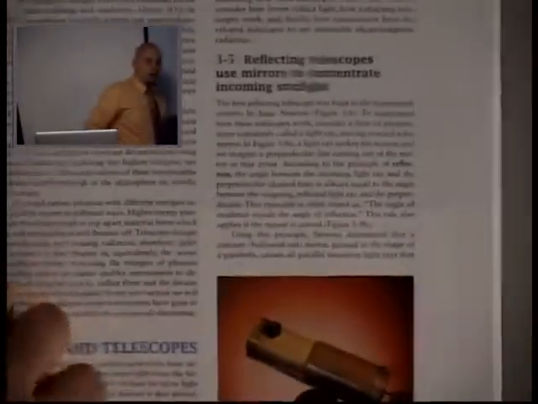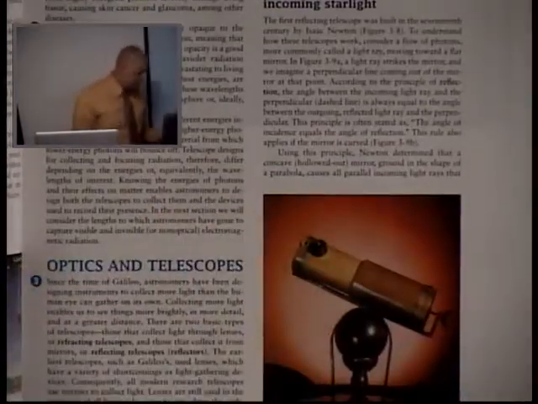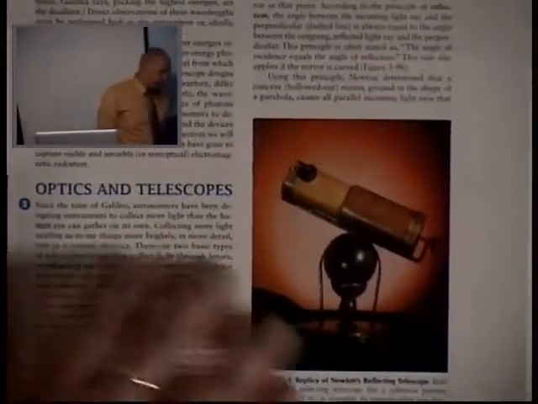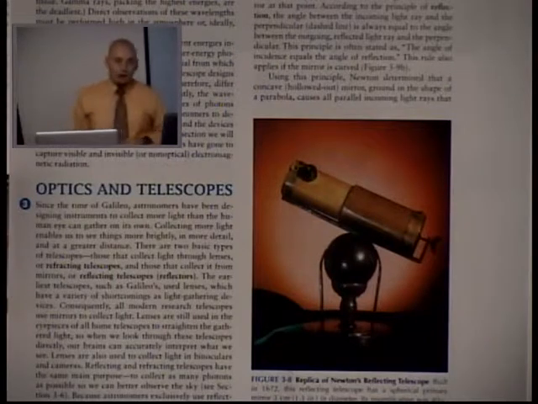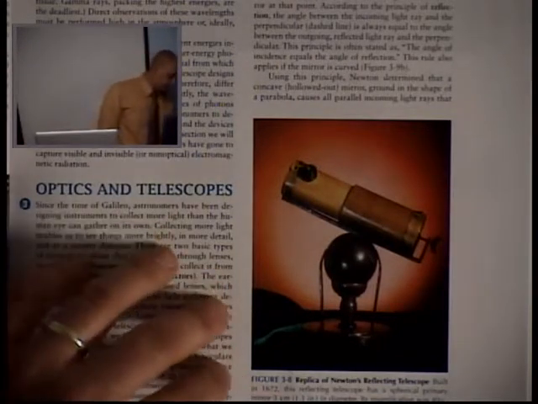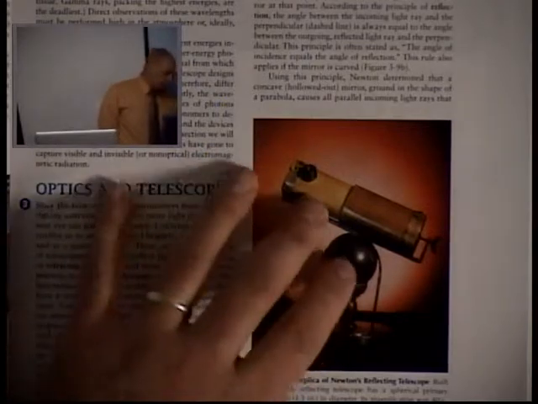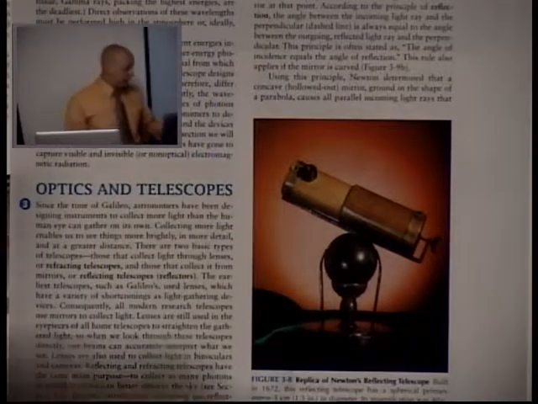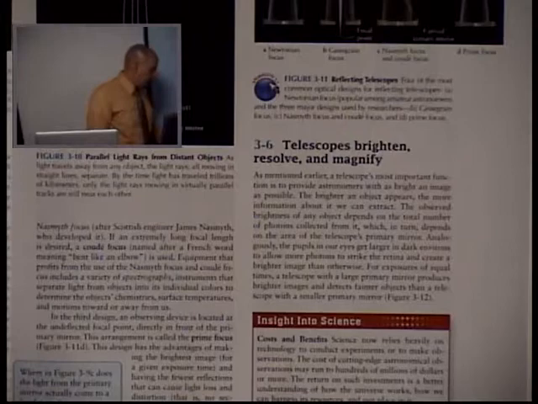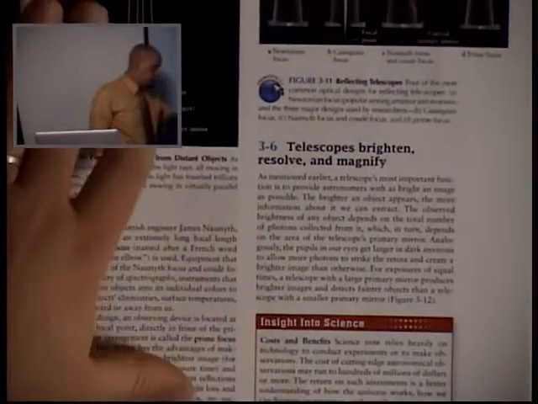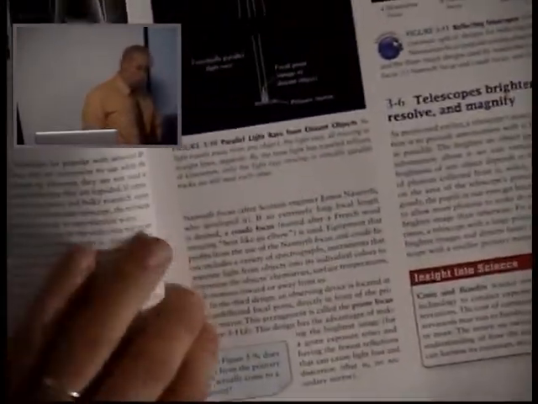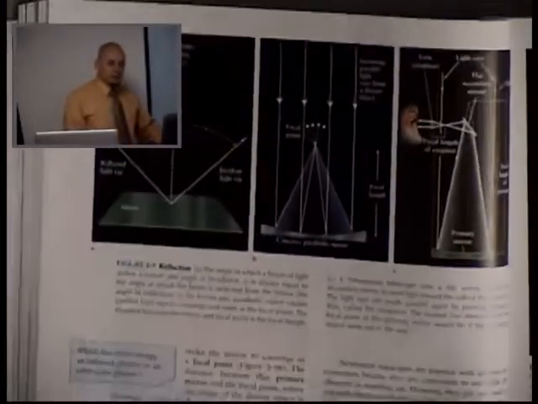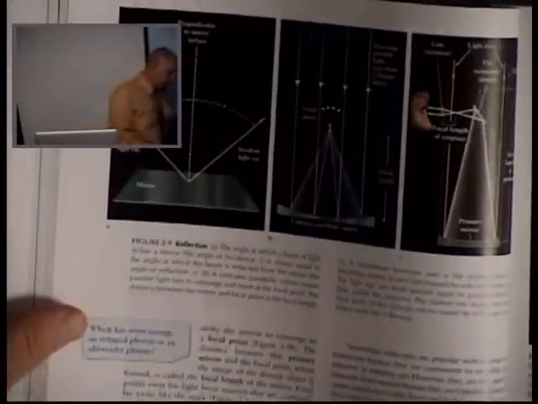Now, moving on to the section on telescopes. They give you a picture of a replica of Isaac Newton's telescope, which was a small reflecting telescope that he built to help understand the nature of light. That adaptation of using a mirror is shown well on the next page, on 76.